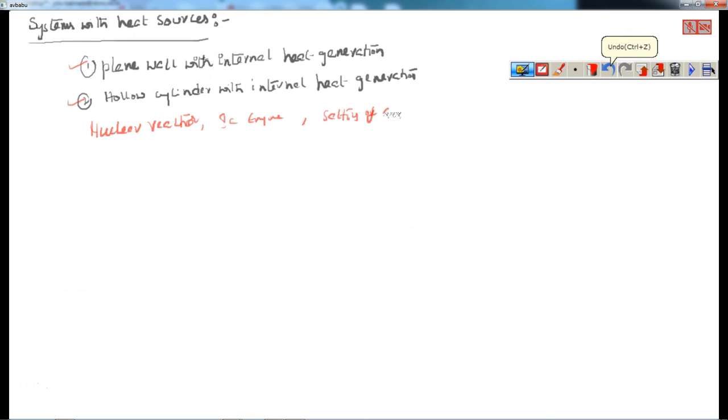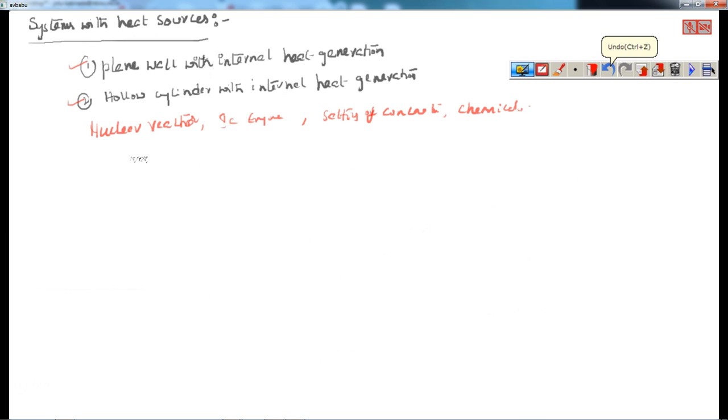or the setting of concrete and chemical reactions, the heat is generated during chemical reactions. This heat has to be dissipated, so it is very important to know the temperature distribution within the system itself.